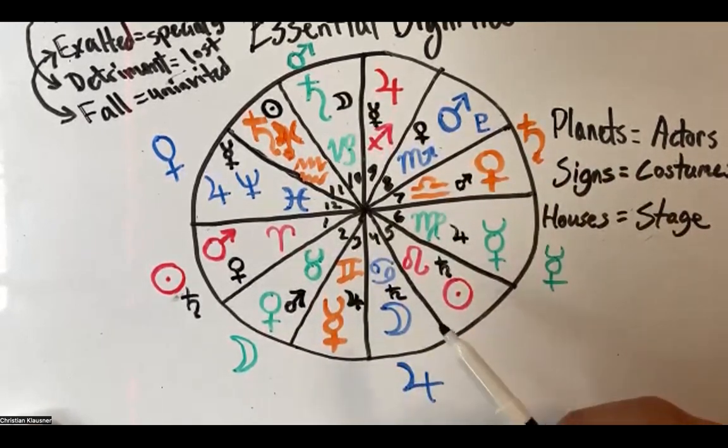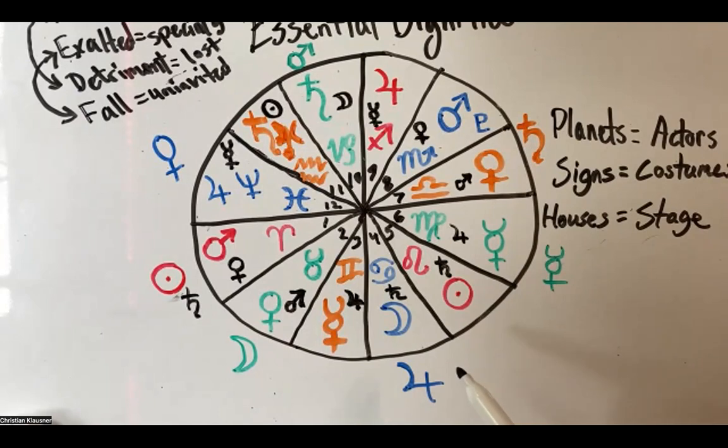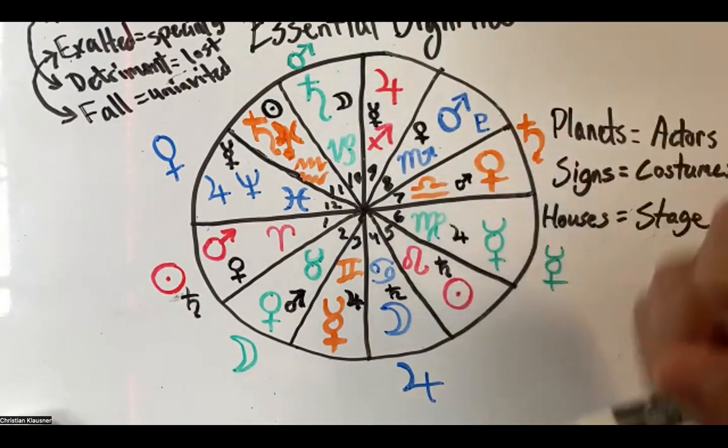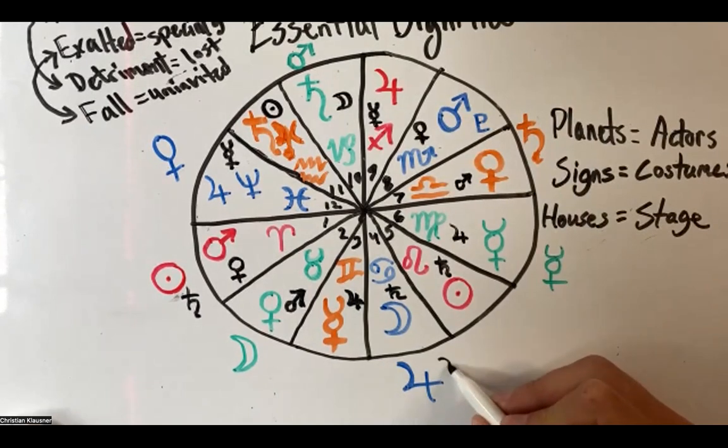All right, the planet that is at fall in Cancer, can anybody tell me what that would be? If the planet that's exalted in Capricorn is Mars, that means that Mars has its fall in Cancer.